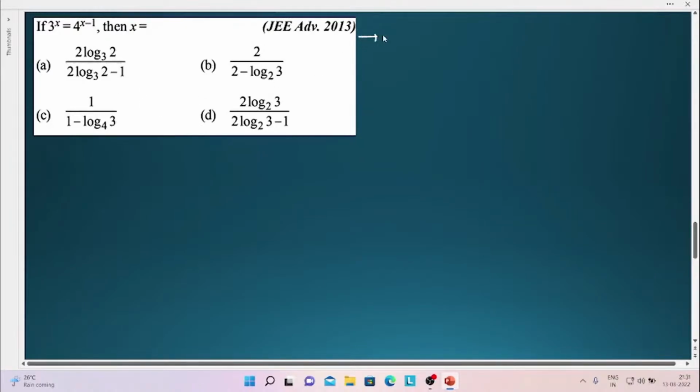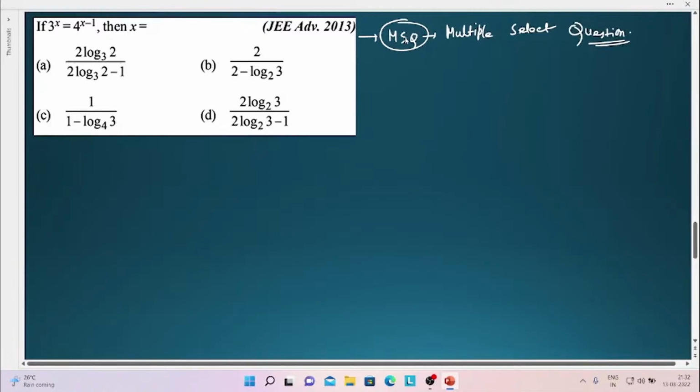So actually this is an MSQ type question, and I have already told you that MSQ means multiple select question, right? What does it mean, and what is the difference between MSQ and MCQ, multiple select question and multiple choice question?